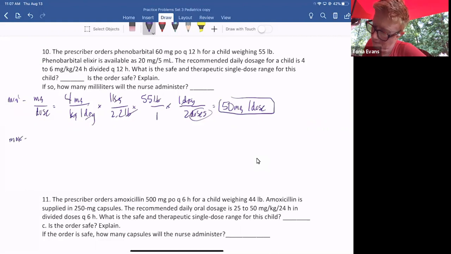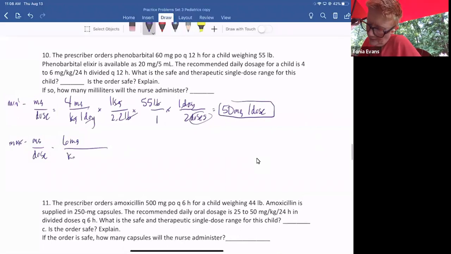Max is 6 milligrams per kilogram per day.